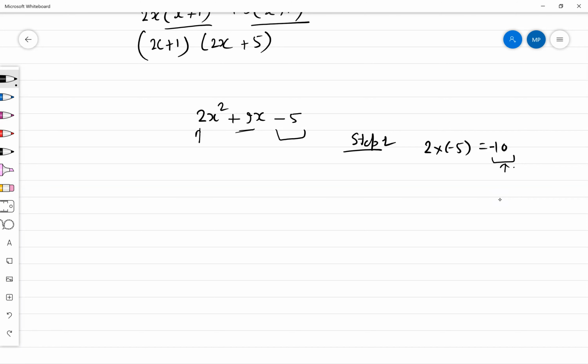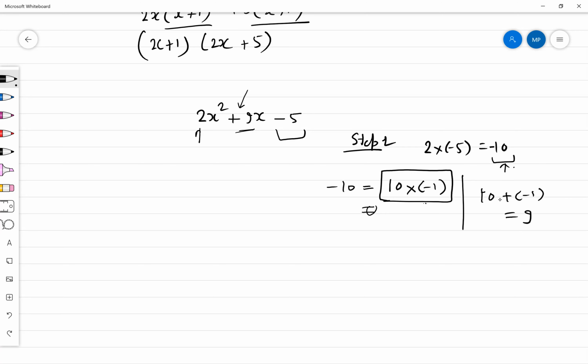Because the answer is coming as positive, my larger factor has to be positive and the smaller factor has to be negative. The two factors of minus 10 which give me 9 are 10 and minus 1. If I add them, 10 plus minus 1 is 9. So my work is done.